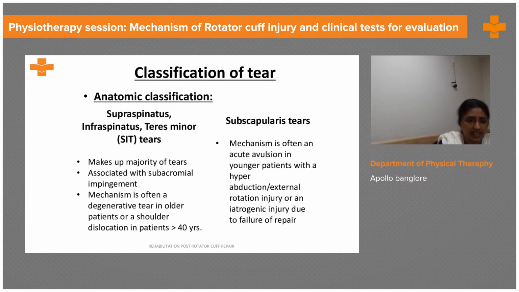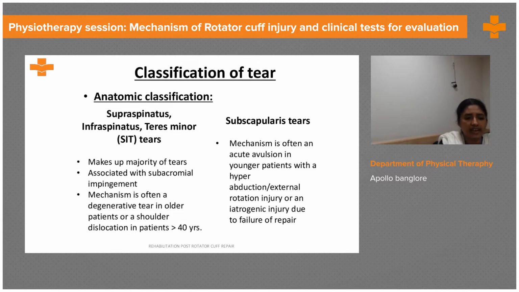The classification of injury, anatomical classification: the supraspinatus, infraspinatus, and teres minor tear makes up the majority of rotator cuff injuries. It can be associated with subacromial impingement.